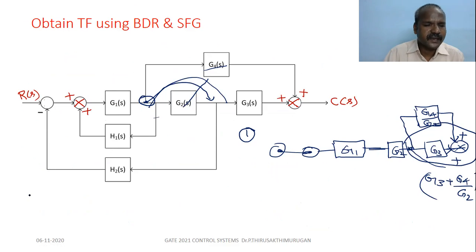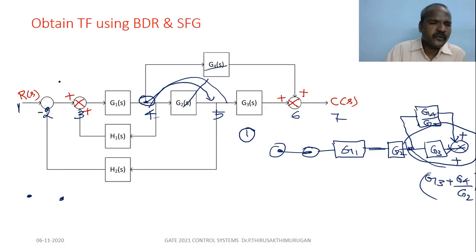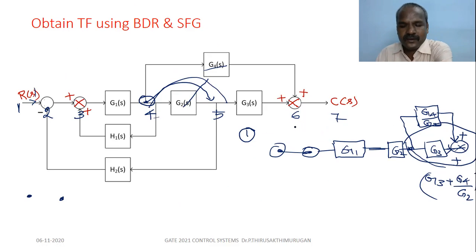In the forward path we can mark 1, 2, 3, 4, 5, 6, 7. When there is no gain between two nodes, the gain value is taken as 1. So between 6 and 7 there is no gain, so the value is taken as 1. So there are 7 nodes we consider for the diagram.